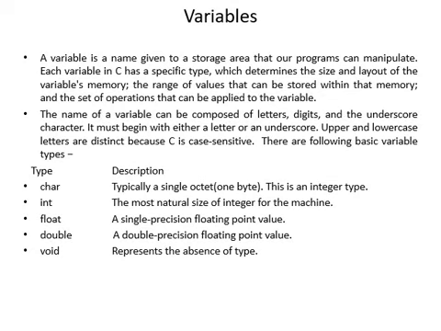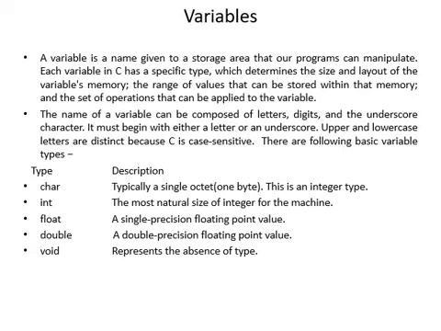The name of the variable can be composed of letters, digits, and the underscore character. It must begin with either a letter or an underscore. Uppercase and lowercase letters are distinct because C is case sensitive, as we have studied in the previous slide as well.